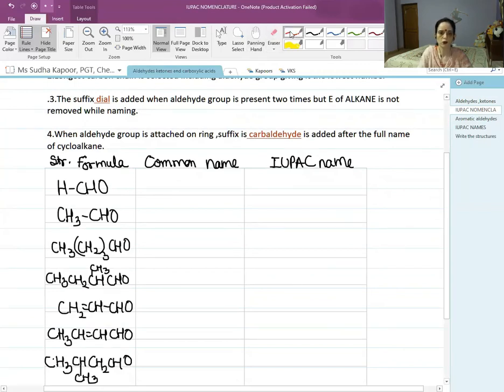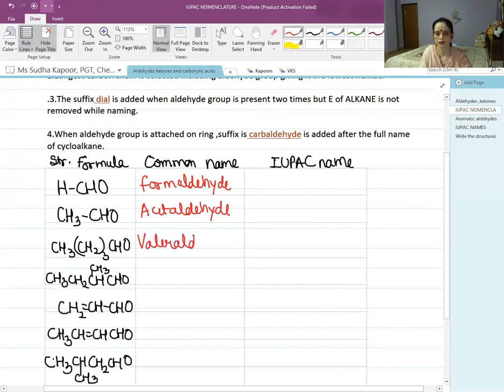So first of all, we will do the common names. HCHO, one carbon, it is known as formaldehyde in the common name. Then CH3CHO, it is known as acetaldehyde. When there are 5 carbon in a straight chain, it is known as valeraldehyde.